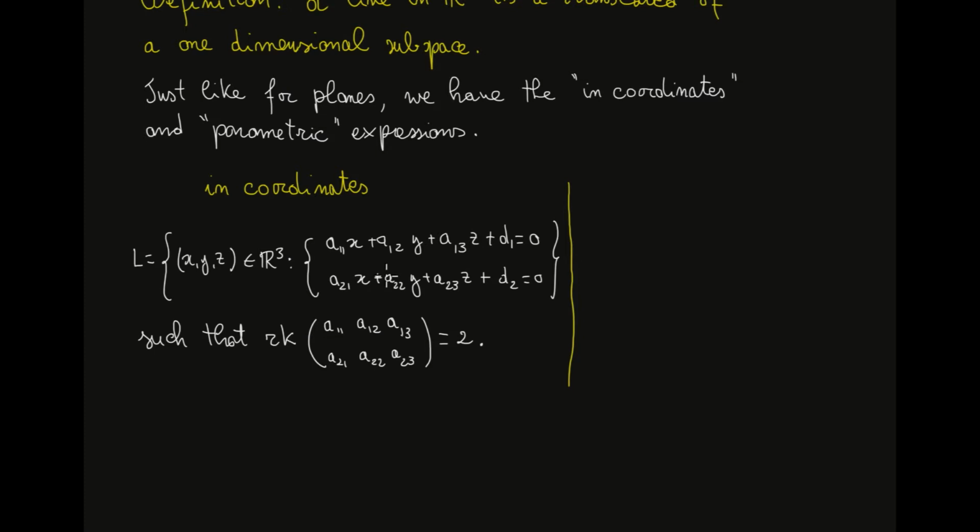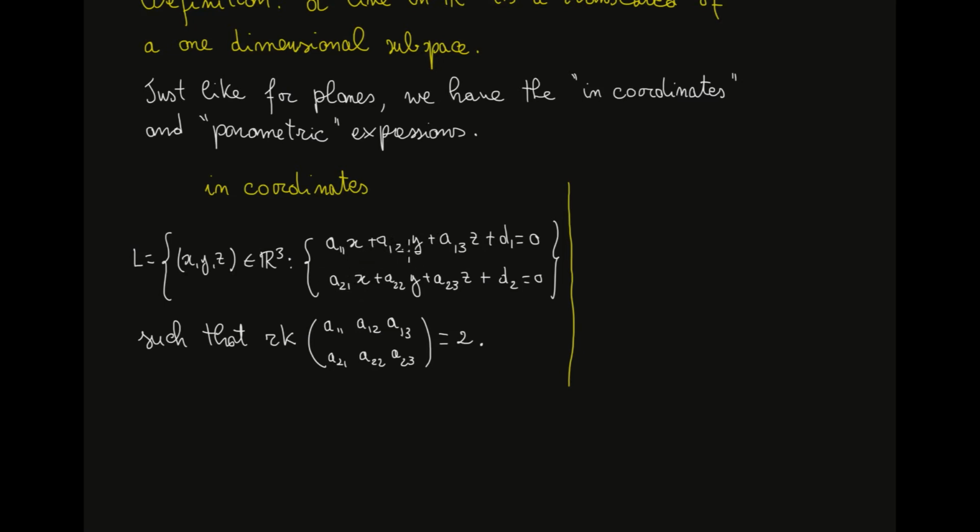The second possibility is that the planes are again parallel and they have an intersection, at least an intersection point. Well, in that case, the two planes coincide and L is one of these two planes, which again is not a line. So we want to make sure that the two planes are not parallel.